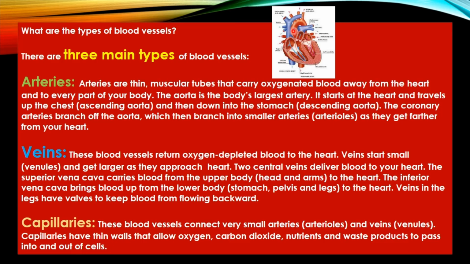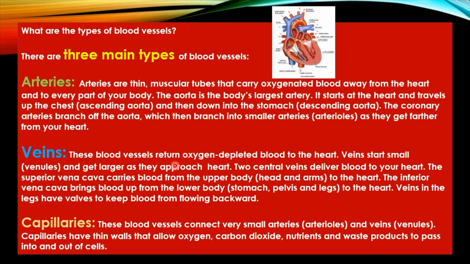See what I have shown here, this is the aorta, the largest artery in our body. It starts at the heart and travels up the chest and then down to the stomach. The coronary arteries branch off the aorta, which then branch to smaller arteries as they get further from the heart.